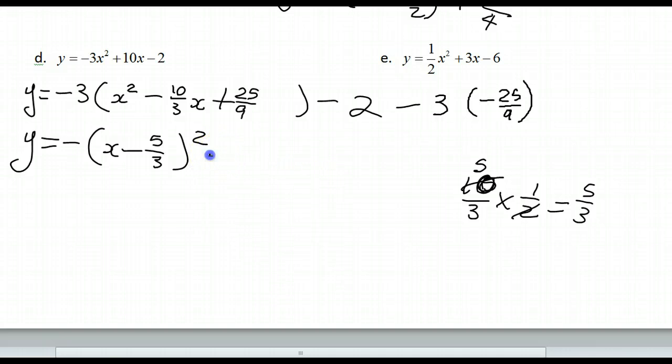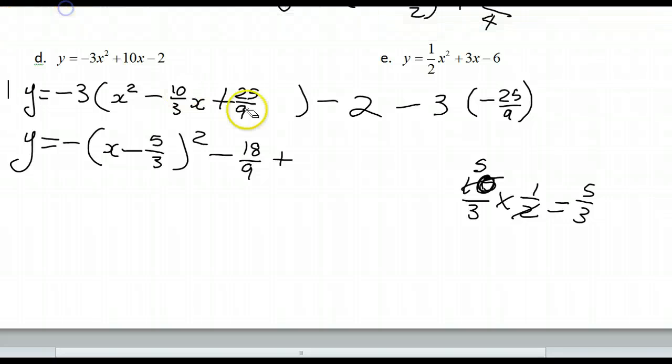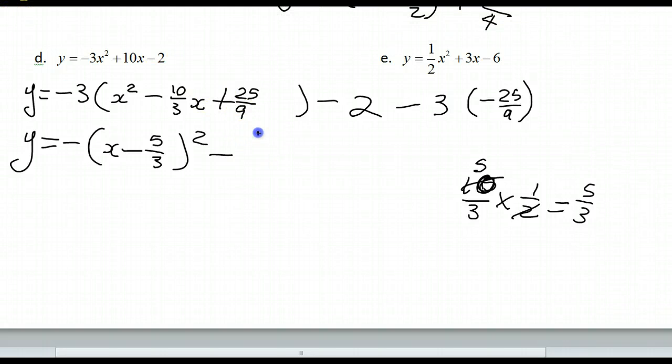Now that's going to have a denominator of 9, so I'm going to write the 2 as 18 over 9, and this will become plus, and 3 times, oh wait, we're going to end up with the 3 canceling into the 9, giving us a 3 on the bottom, so let's back up a titch here. So I want thirds on the bottom. So I'm going to write this as minus 6 over 3.